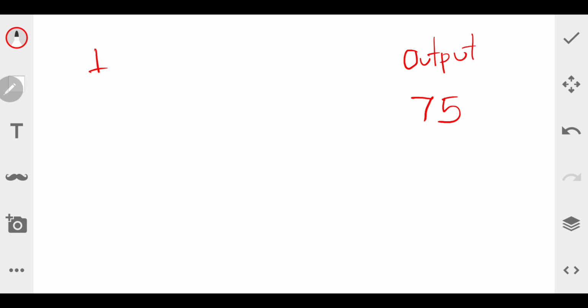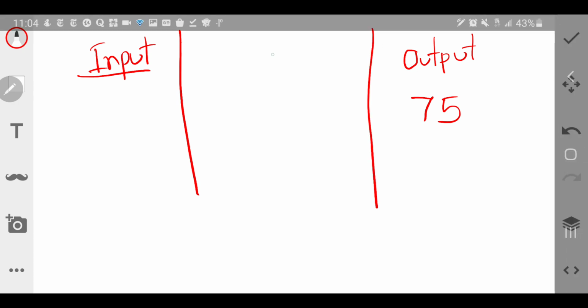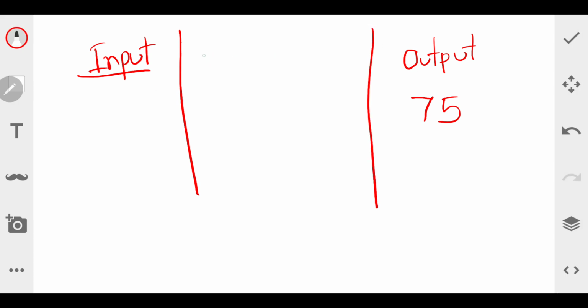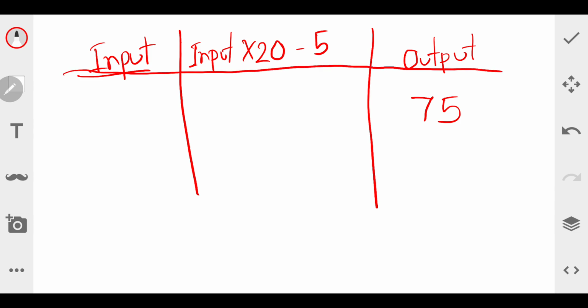We have to figure out what should be the input, and we know the rule. So the rule says the input should be multiplied by 20 and then subtract 5. Okay, but we don't know the input, we have to start from the output.